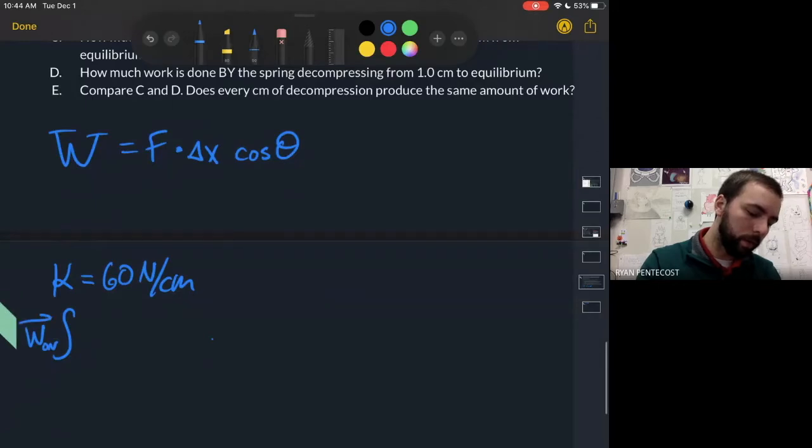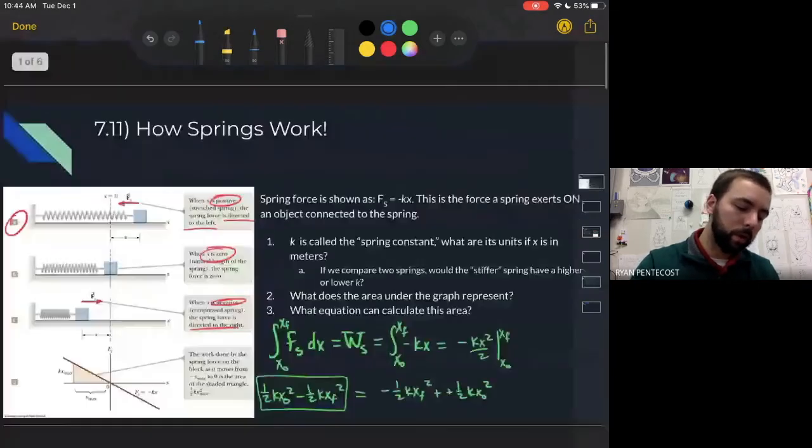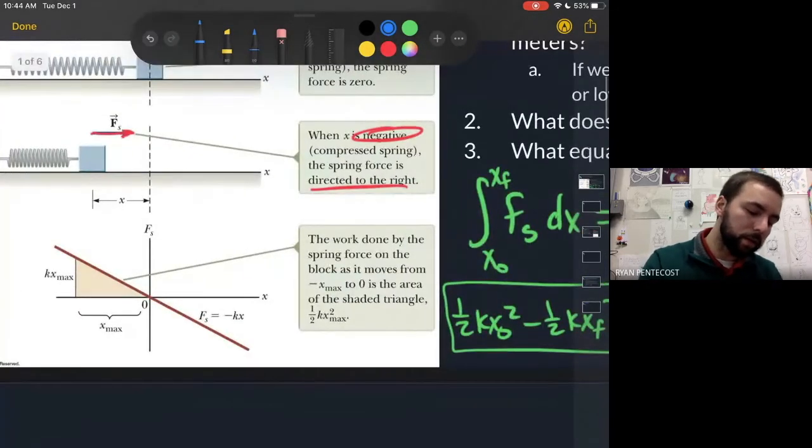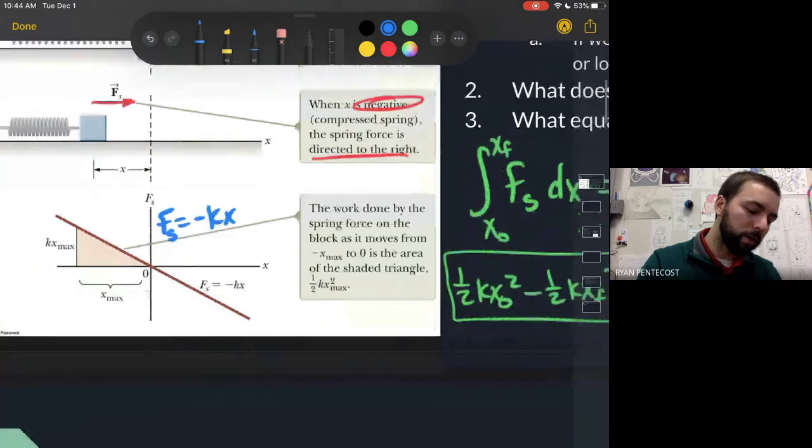Now remember earlier, let's go back up here. The force by a spring is F equals negative kx. If we look at the force done on a spring, that would be positive kx.